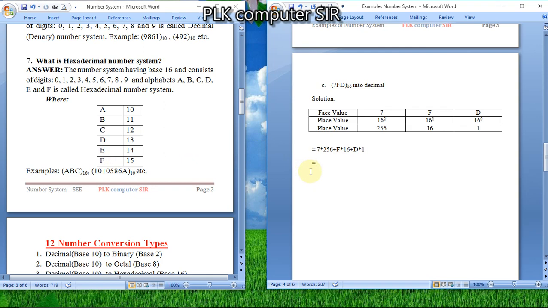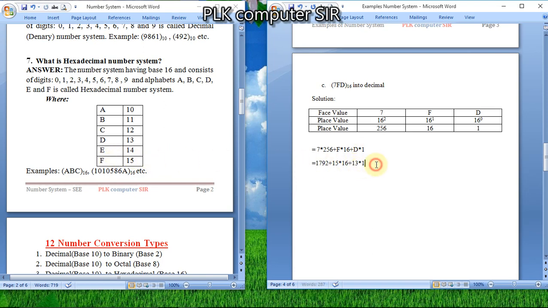So 7 into 256 is 1792, plus 15 into 16, plus 13 into 1, because D means 13 and F means 15.